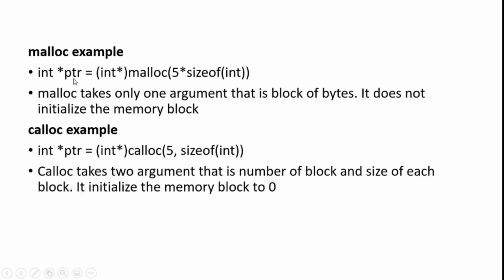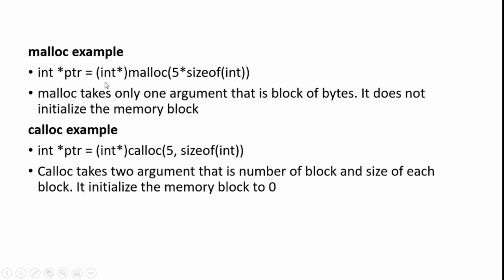If we see the malloc syntax, it takes only one argument, that is the block of bytes that has to be allocated. Here you can see that this is the block of bytes that should be allocated by this malloc function. If it is allocated successfully, it returns a pointer to the first block of memory allocated.